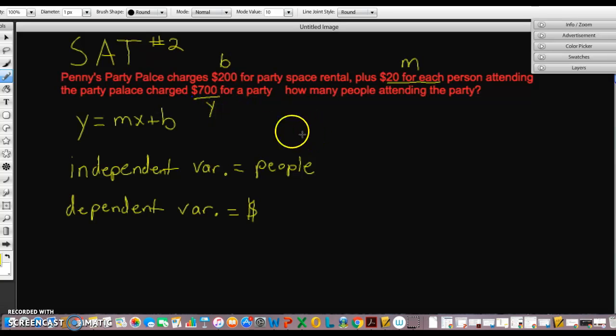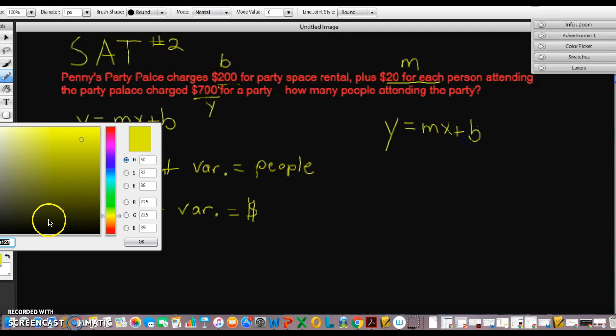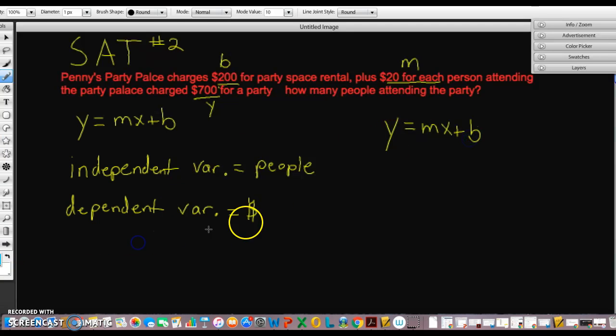All right, and so all we're going to do is just take these numbers and substitute them for the variables. So you have y equals mx plus b, and we're just going to plug in the numbers. Y equals 700. M is 20.